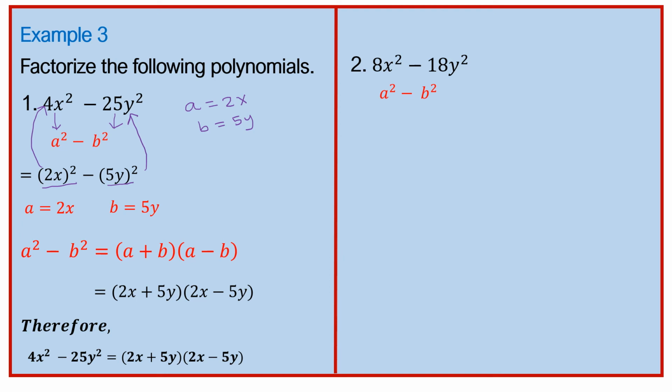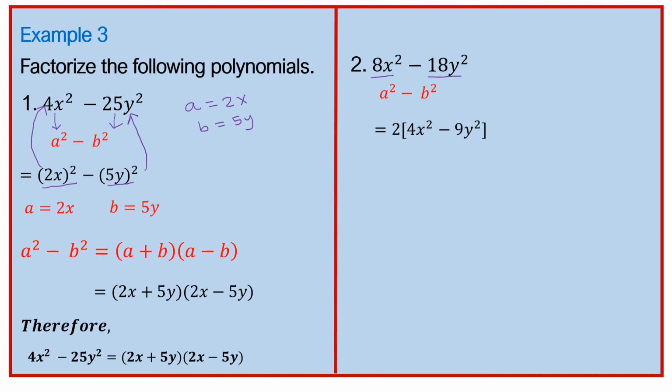18y squared. For that case, you can see that there is no number that we can square to get 8x squared, and there is no number that we can square to get 18y squared. So we can first of all factorize this polynomial using a common factor of 2, so that we get 2 into (4x squared minus 9y squared).